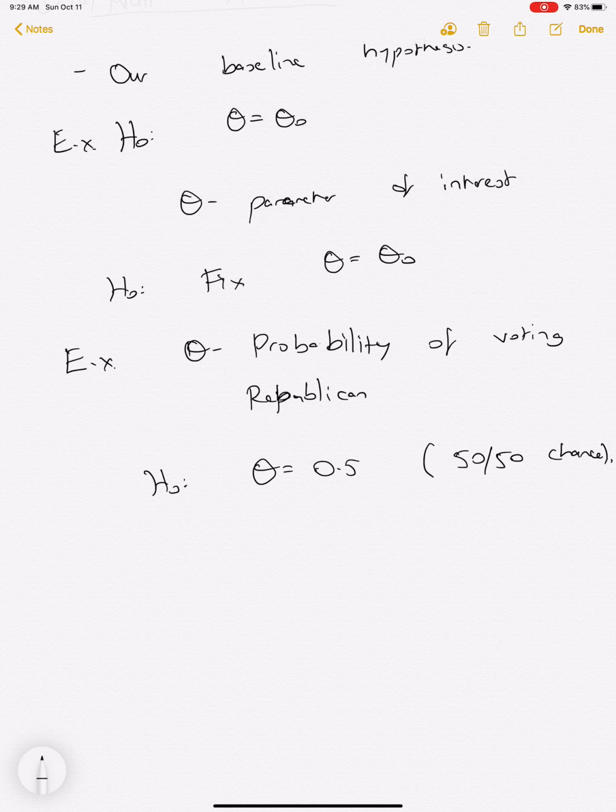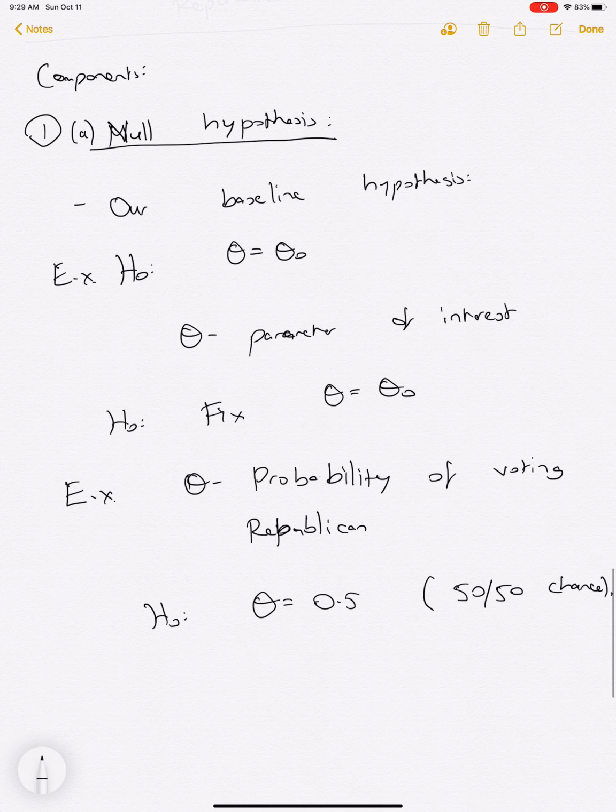But in this particular case, choosing theta equals 0.5 seems a reasonable enough assessment, because without any prior knowledge, you might expect no leaning one way or the other. That's what we'll assume for this null hypothesis. So that's the first component, the null hypothesis.